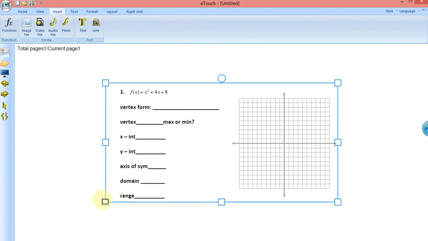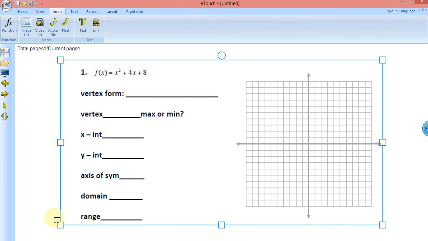Here we have f of x equals x squared plus 4x plus 8. We are asked to express this in vertex form and also to plot the graph. We are not going to use the table method because we have to use the transformation method, and the first thing is to express this in standard form or vertex form.